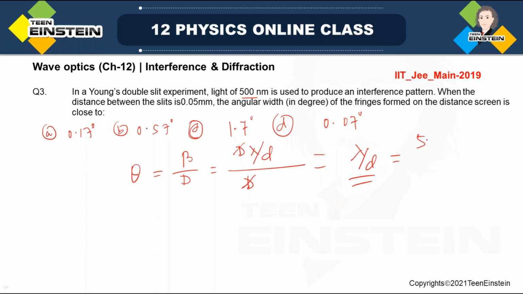Lambda is 5 into 10 to the power minus 7, 500 nanometers, divided by 0.05 into 10 to the power minus 3 for millimeter. So finally what you get is 0.01. This is in radian.